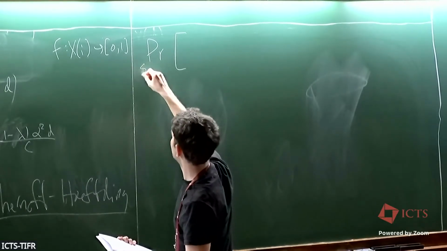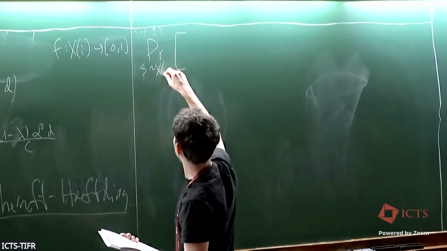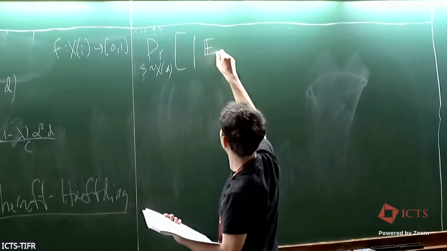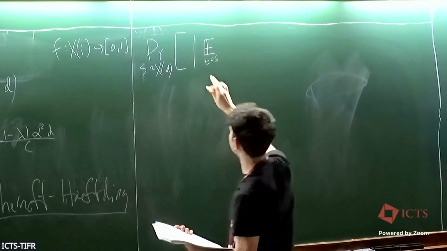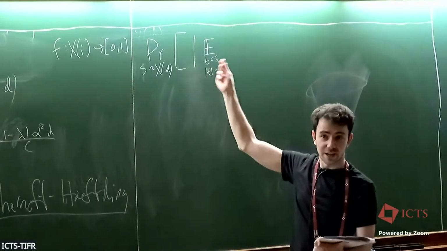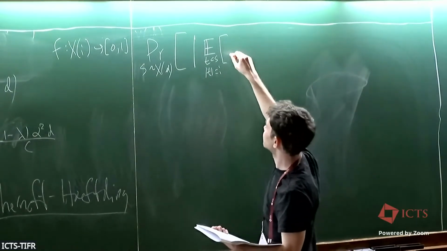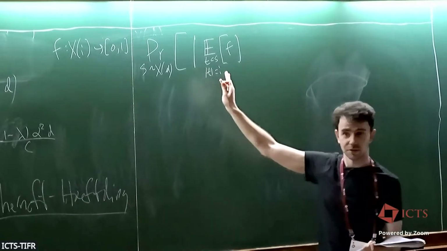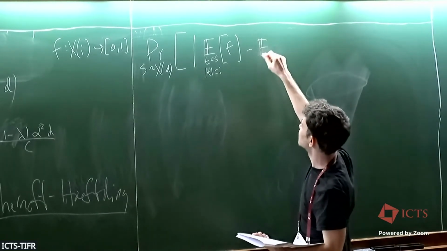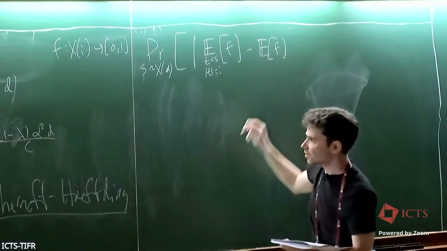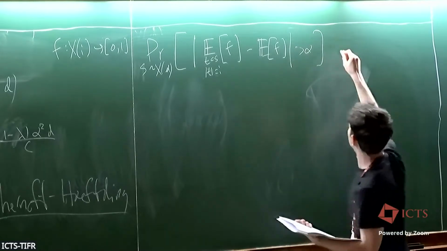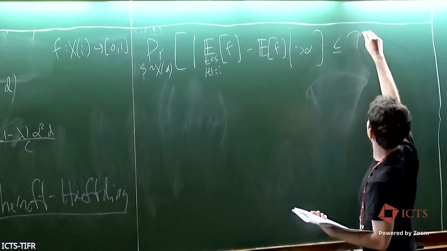I'll just write it as S is sampled from XD, that the expectation of f over the I sets T sitting in the D face S that we sample, so this is our local expectation of f over the D face we sampled, minus the global expectation of f, right, this was just the mu A over there, is greater than alpha is less than or equal to, what?